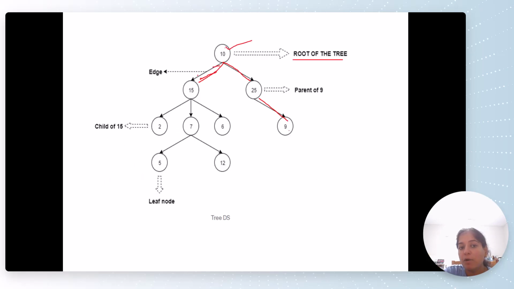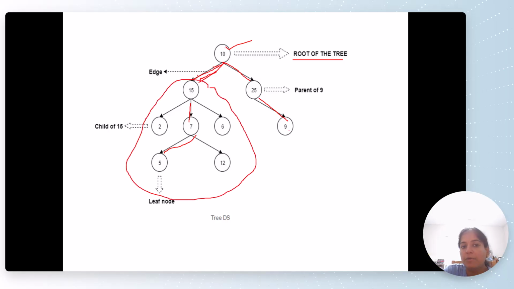If I ask what is the height of the tree, it is 1, 2, 3. The height of the tree is 3 because that is the maximum number of edges to a leaf. And a tree within a tree is called a subtree. So this is a subtree because in itself it is a tree.